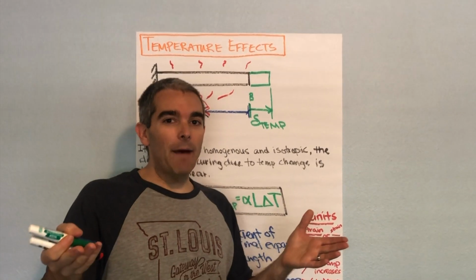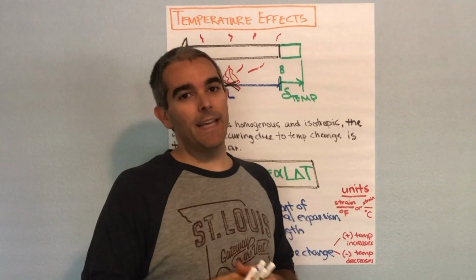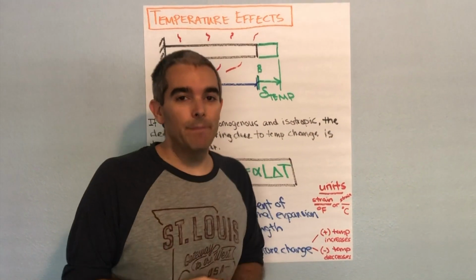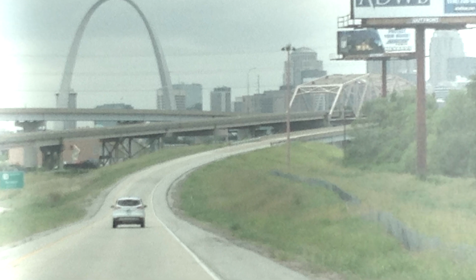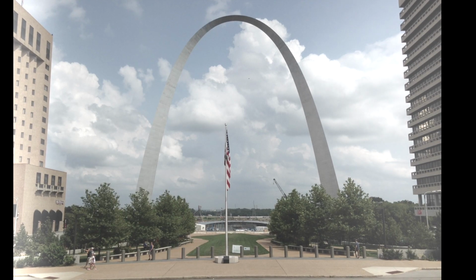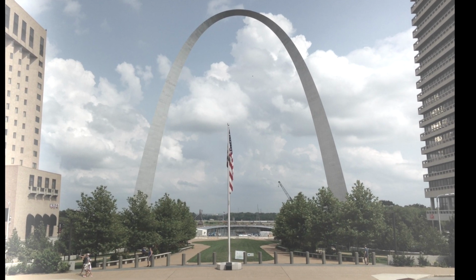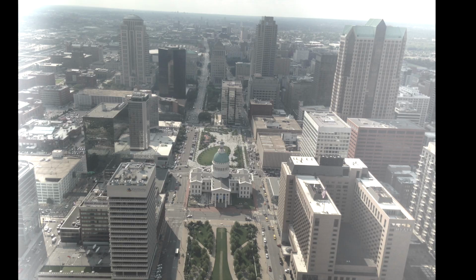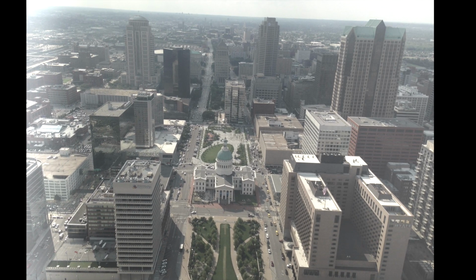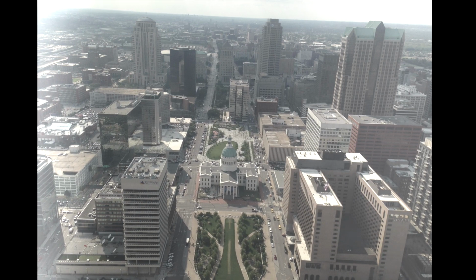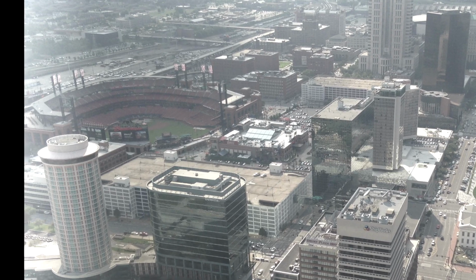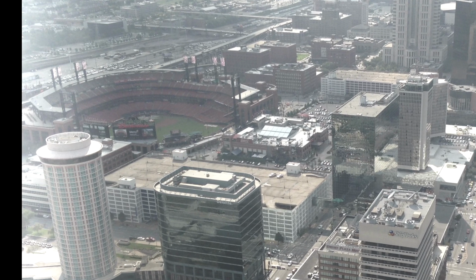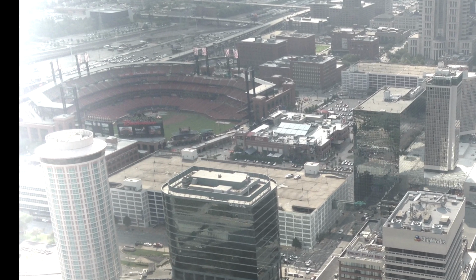All right, so let's hop into an example, a real-world example of a bridge that's being heated up. Check it out. Imagine you're visiting St. Louis on a hot summer day. You see a beautiful steel arch. It thrills your soul. You look around at all the beautiful buildings, but it's getting warmer. It's so hot. You see the baseball stadium. It's too hot to go to a game today.